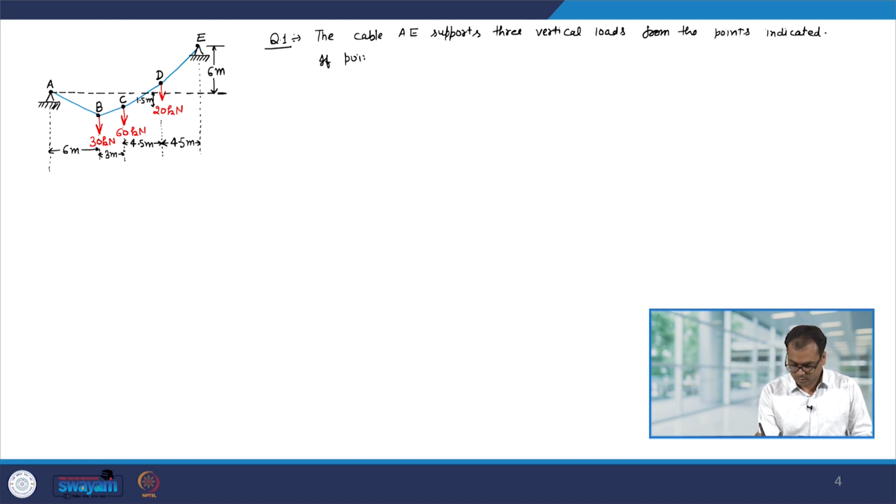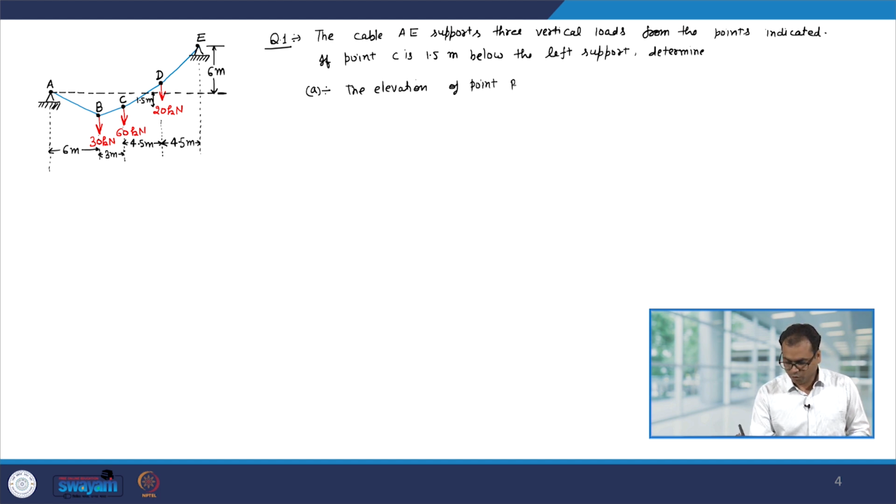If point C is 1.5 meter below the left support, then in the question you are asked to determine A, the elevation of points B and D, and B, the maximum slope and the maximum tension in the cable.